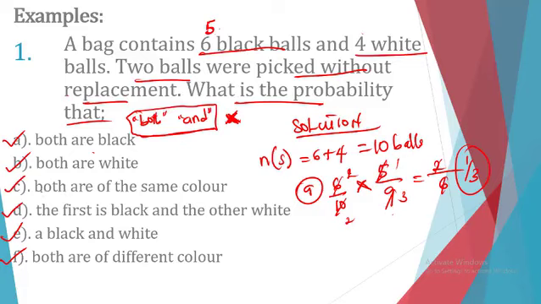We're asked to find the probability that both of them are of the same color. Now the probability of both of them being the same color is the probability of both black plus both white. Do we understand?